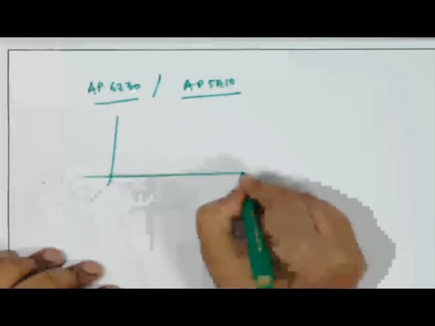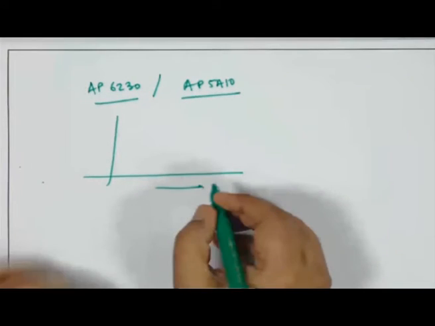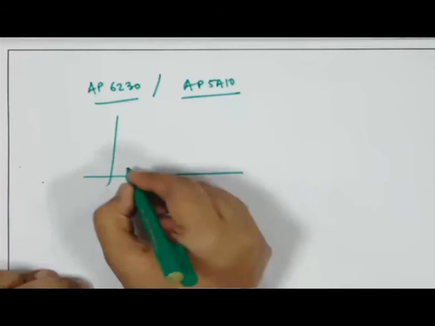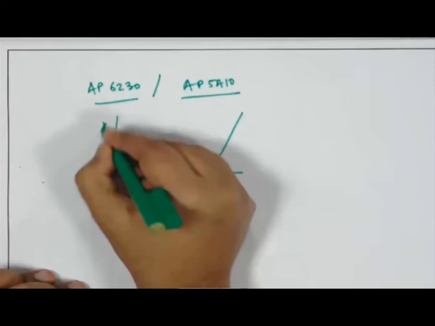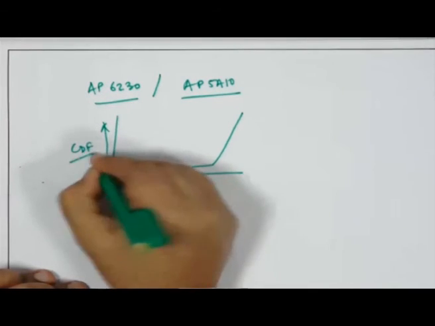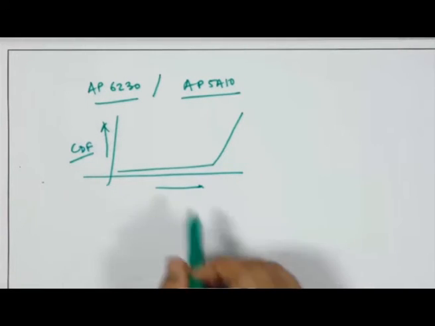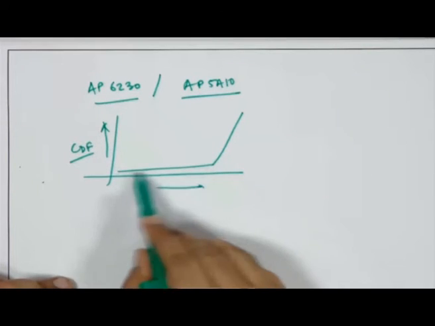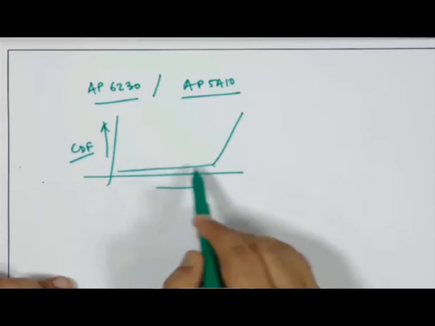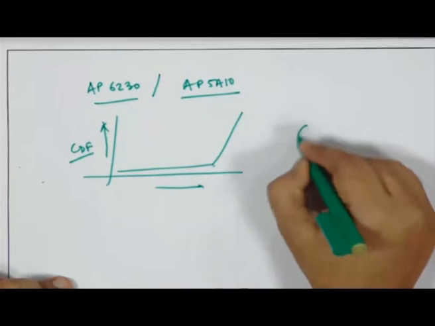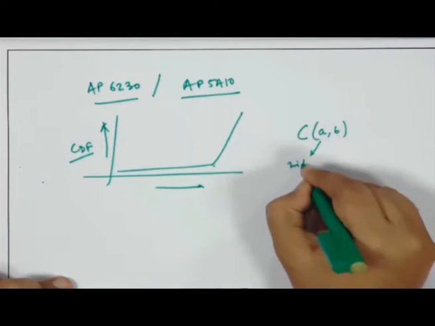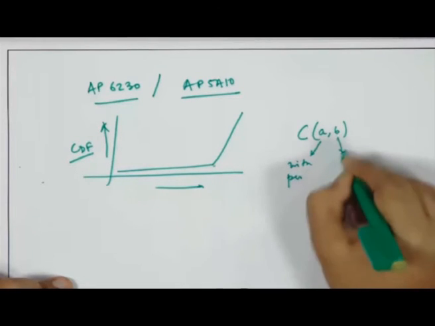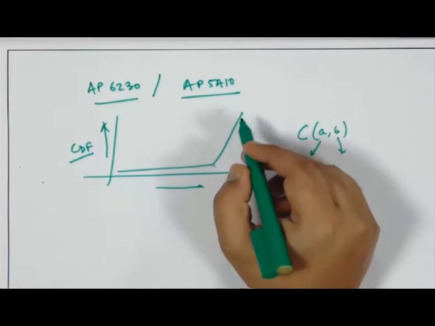Now, the x-axis is the correlation, and the y-axis is the CDF. What does this mean? We have calculated the correlation with the person and without the person, and the correlation is very high.